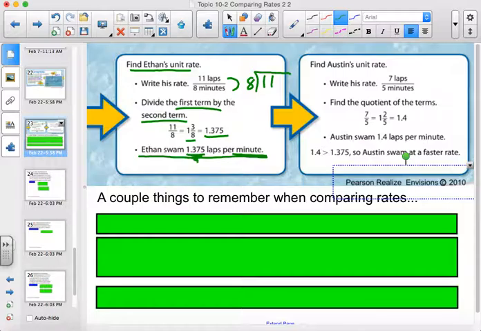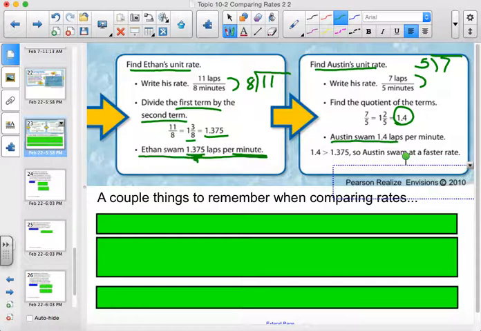And then over here, you can see that we're going to find Austin's unit rate. His initial rate was 7 laps to 5 minutes. If we do the division, we divide 7 by 5, and we come up with 1 4/10 laps per minute.